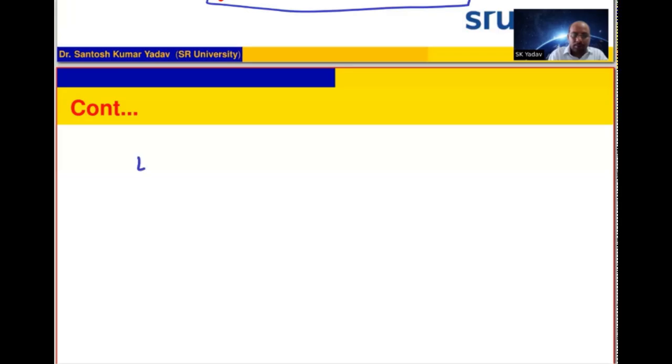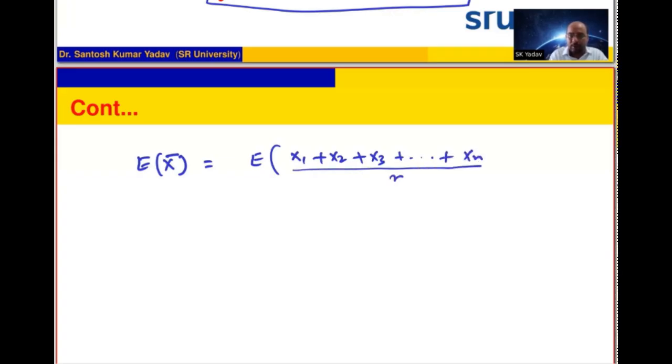So E of X bar we need to compute. By definition, expectation of X bar means expectation of x1 plus x2 plus x3 plus and so on plus xn divided by n. This is by definition, as X bar is defined as follows.